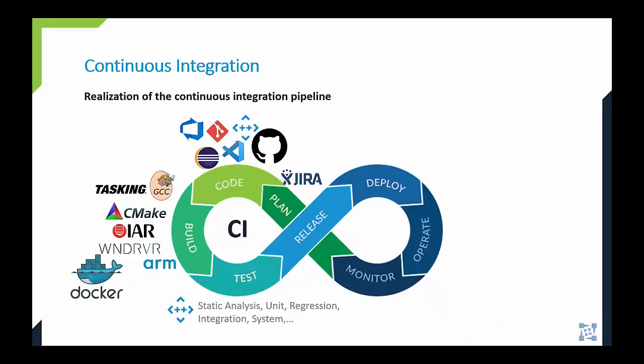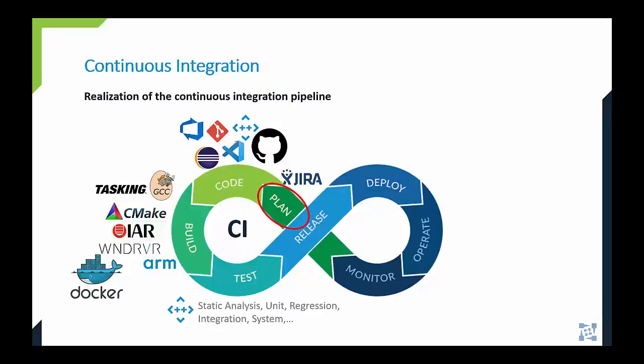Here you have the infinity adorned with various development tools: code editors like VS Code, Eclipse, archiving tools like GitHub, test tools like C++test, compilers like GCC, CMake, and perhaps you use containers like Docker. There is Jira for project management, among other things, and there are many other DevOps solutions like GitHub, Azure, and we're actually going to get to see GitHub in action that Merrick is going to show us.